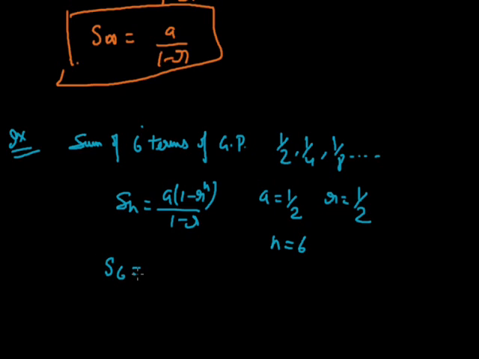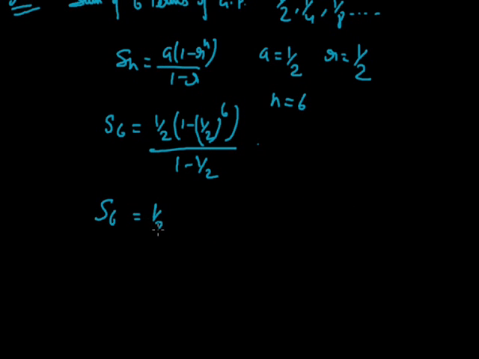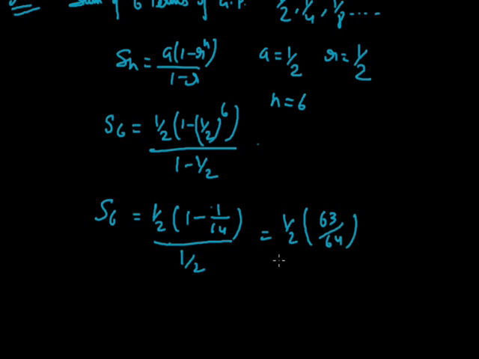Then S6 equals 1 upon 2 into 1 minus 1 upon 64 upon 1 minus 1 upon 2, equals 1 upon 2 into 63 upon 64 upon 1 upon 2, then S6 equals 63 upon 64.